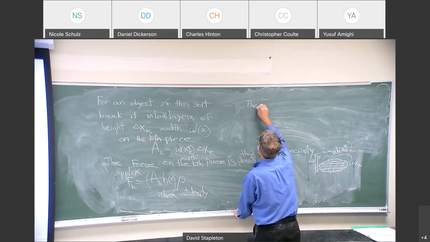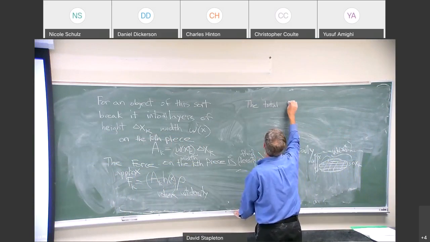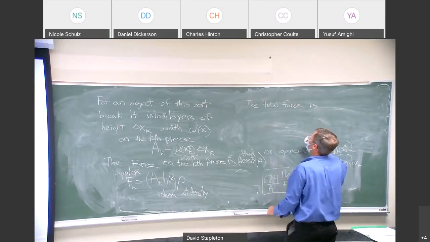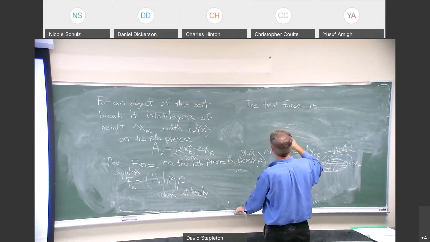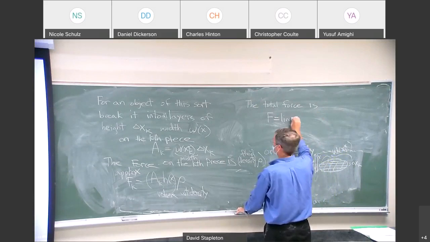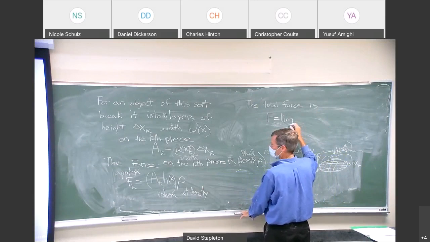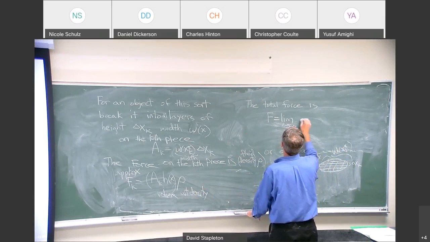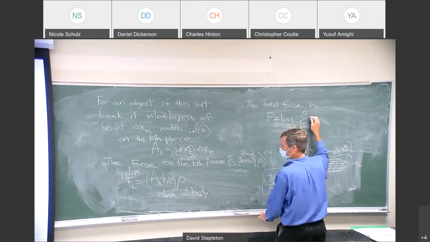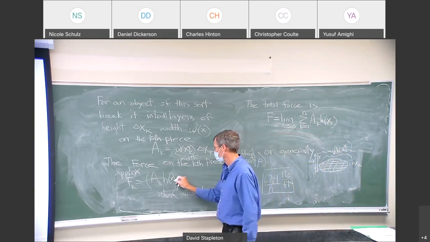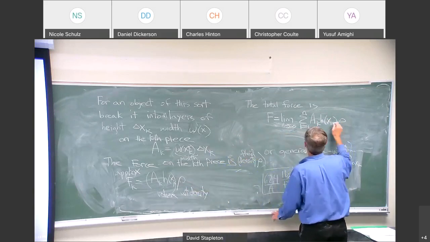Then you add all those together. The total force is therefore, you take F as the limit of the sum. If you sum these, you get an approximate force. This is the approximate force, I should say, on this one. Is the limit as the number of pieces goes to infinity of the sum k equals 1 to n of Ak h of xk, I should say h of xk for the kth piece, times rho.